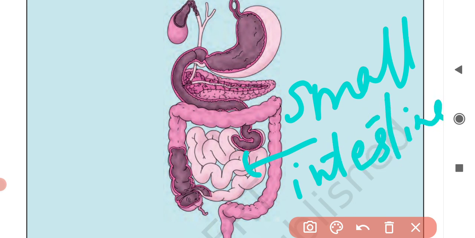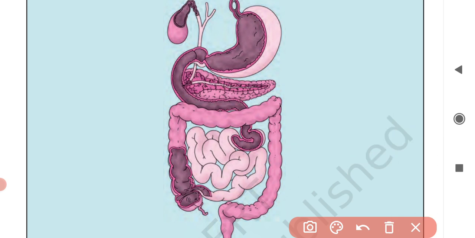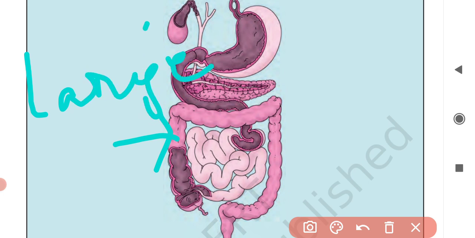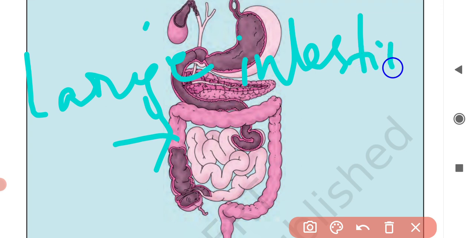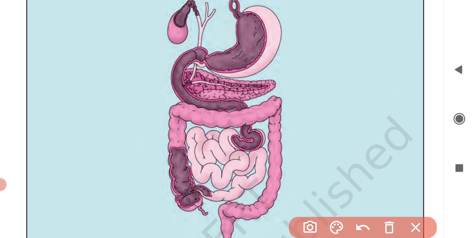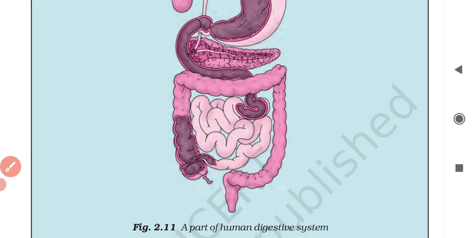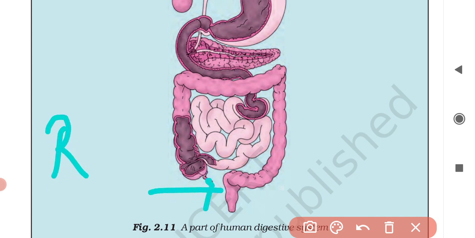Okay, you can do it by yourself also by looking at the figure of the human digestive system in your chapter in the book. You can note it down. Then this is your large intestine. Okay, then comes this, the rectum.